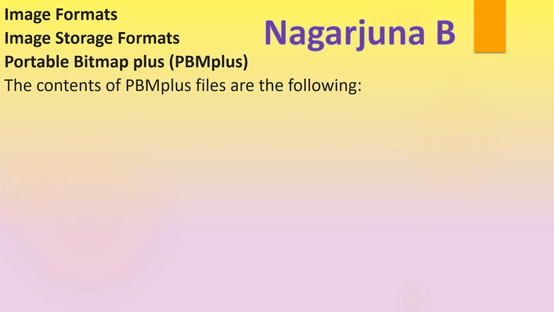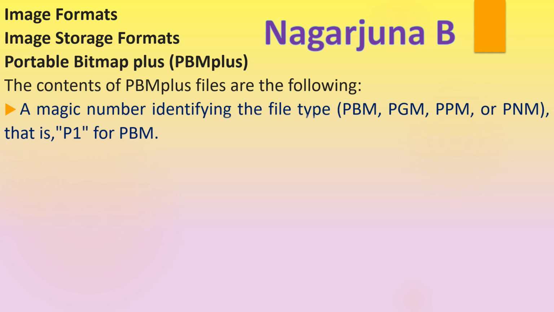What will be the contents of Portable Bitmap Plus files? The contents of Portable Bitmap Plus files are the following. The first one is a magic number identifying the type of file, that is P1 for PBM.